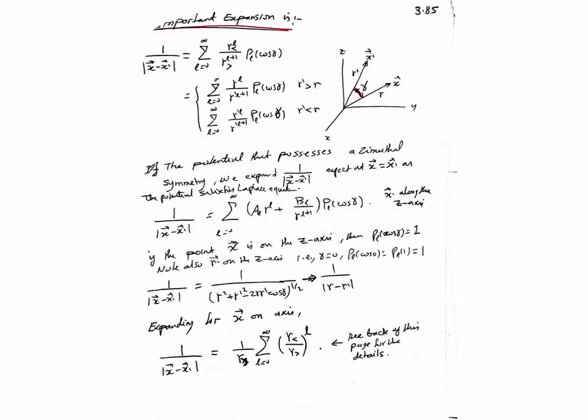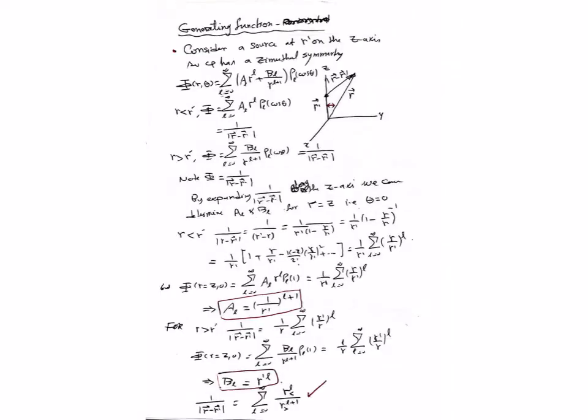Now along the z-axis theta is equal to 0, so PL of cosine 0 is equal to 1. Substituting in the above equation, we get this final expression. The detail of the previous work is given in this slide.